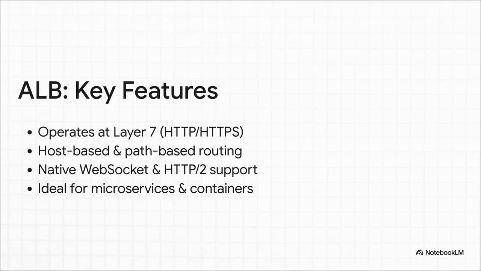What that really means is it understands the language of the web, HTTP and HTTPS. It can actually look at the URL, look at the headers, and make really smart routing decisions based on what it sees. This is exactly why it's perfect for complex setups like microservices, where you've got different services handling different jobs. Plus, it speaks modern web, with built-in support for things like WebSockets and HTTP/2.